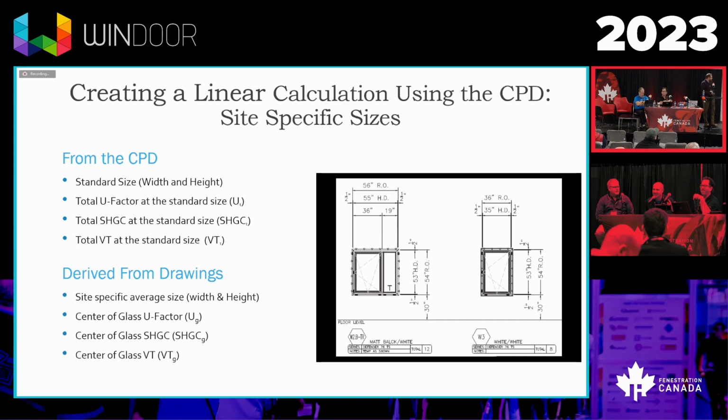And then we can also get those center of glass options. If our client doesn't have it, we can look it up in the window program and just match it to what they say it is on the drawings. Some manufacturers already have that. Some glass suppliers may also have those numbers, but these are all knowns. These are things that, no matter the project, everybody has.